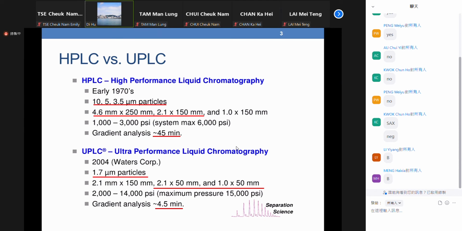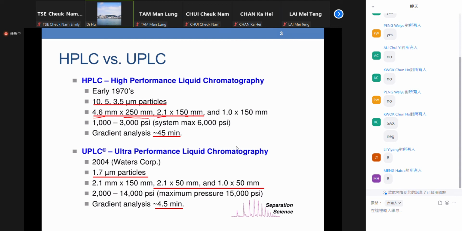The particle diameter of HPLC is about 10, then narrowed down to 5, and then even smaller to 3.5 micrometer. The column is normally 4.6 millimeter times 250 millimeter. This is the inner diameter and this is the length of the column, or even a thinner and shorter one.